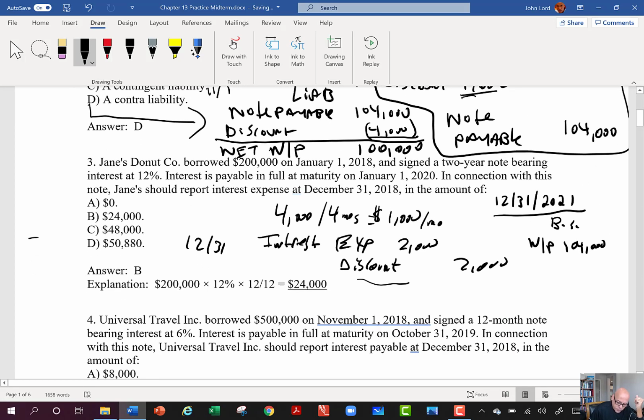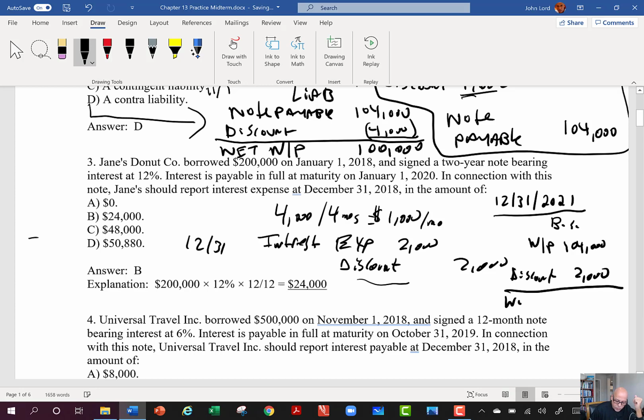So now the discount is showing $2,000 and the note payable is showing $102,000 at this point, showing that we have now come closer to owing that full $104,000.